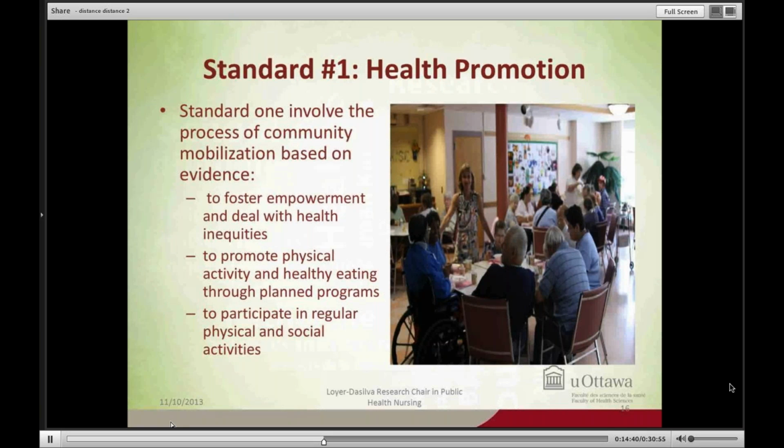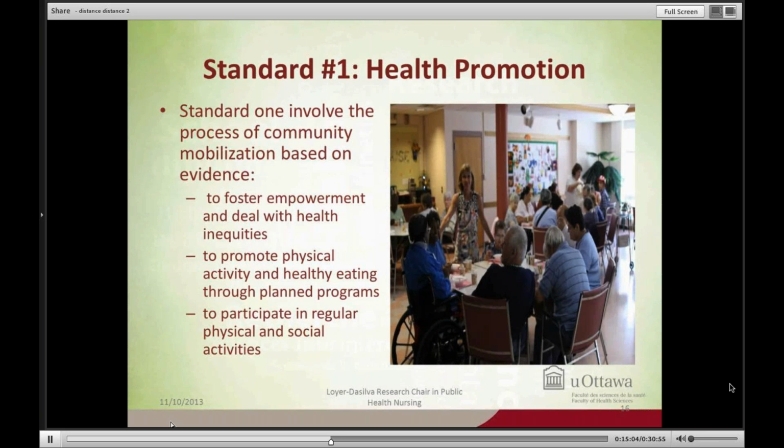I picked a couple of those standards just to illustrate how we as community health nurses can really contribute through these standards that have been outlined for us, how we can implement work according to these standards to really address equity in community health and among the population that we work with.